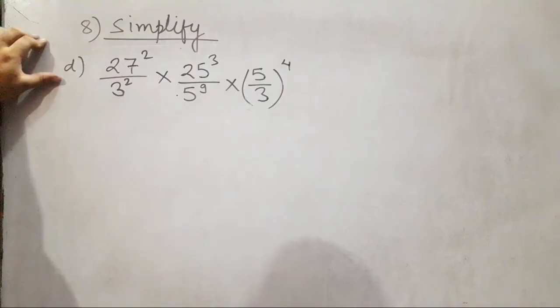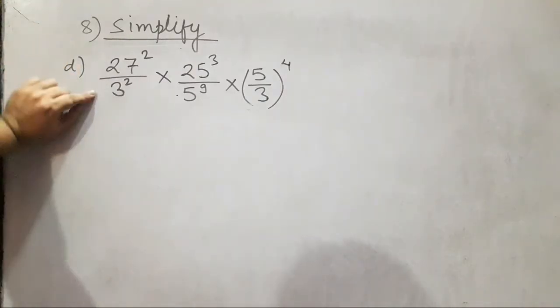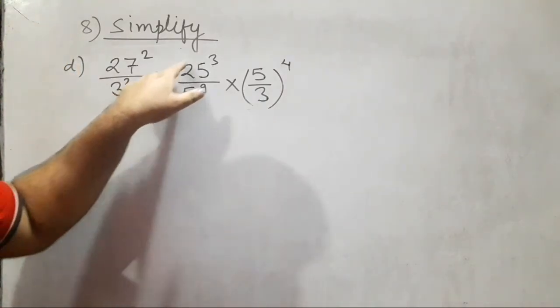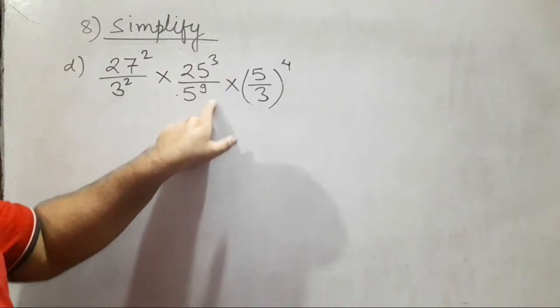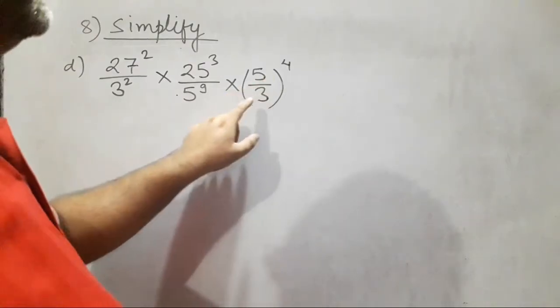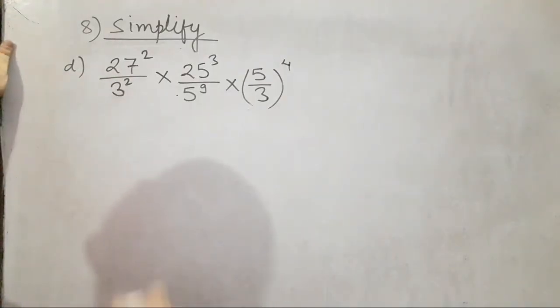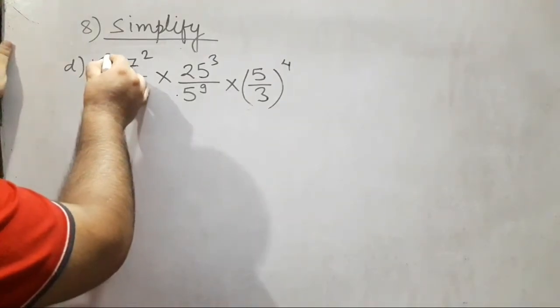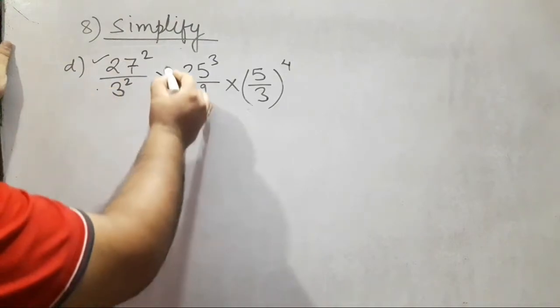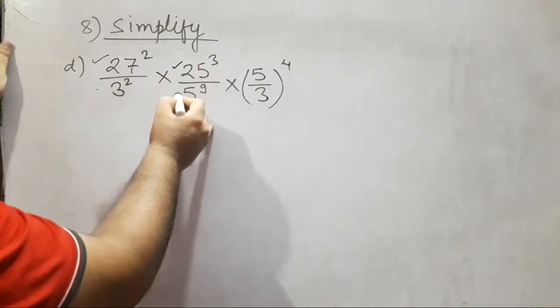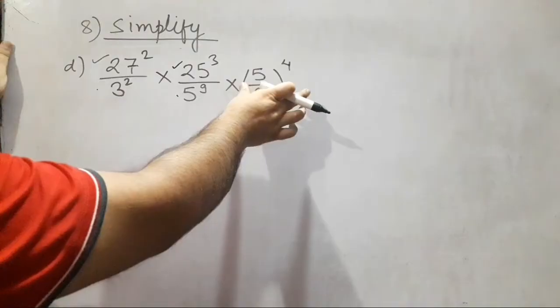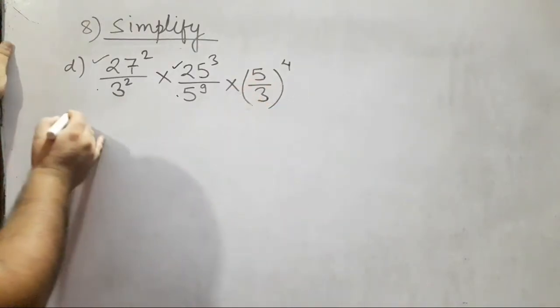Question number D. 27 square by 3 square into 25 power 3 by 5 power 9 into 5 by 3, bracket power 4. Now we shall convert this 27 into the base 3, 25 shall be converted into the base 5, and this we shall open the bracket. That we will do later on.